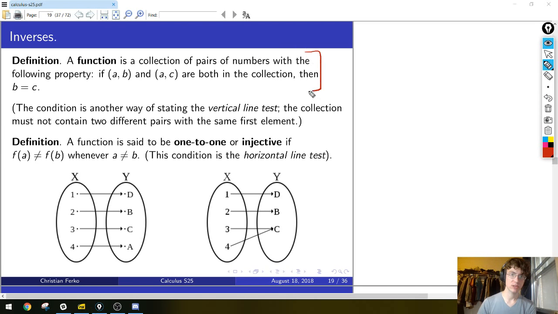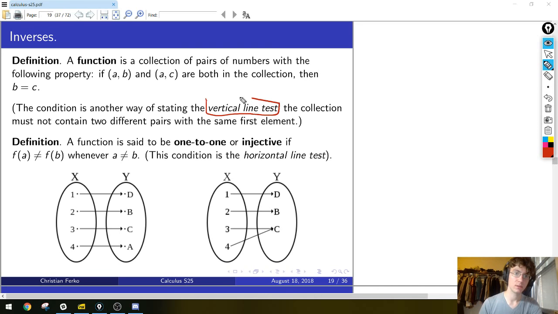Our working definition of functions is just collections of pairs of numbers, so any collection of pairs of, say, real numbers, with the property that if two pairs, (a, b) and (a, c), are both in the collection, then b must be c. So you cannot have the same x value and different y values in your table of values for the function.